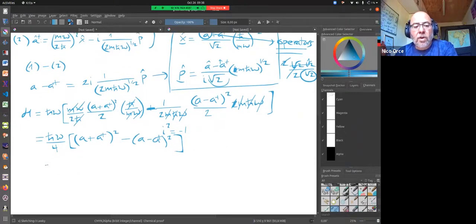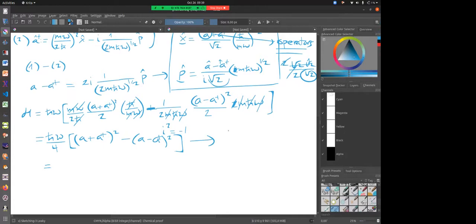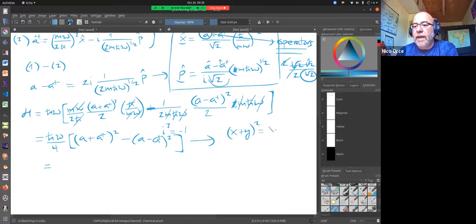here we are going to use a property. Now, with numbers, (x plus y) squared is x squared plus y squared plus 2 times xy. But this is not the case for operators.